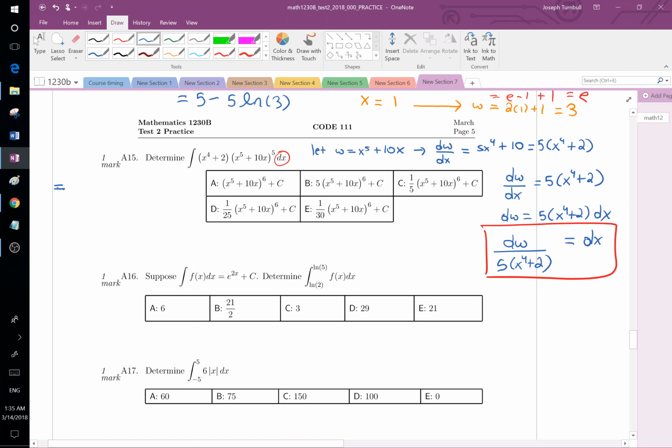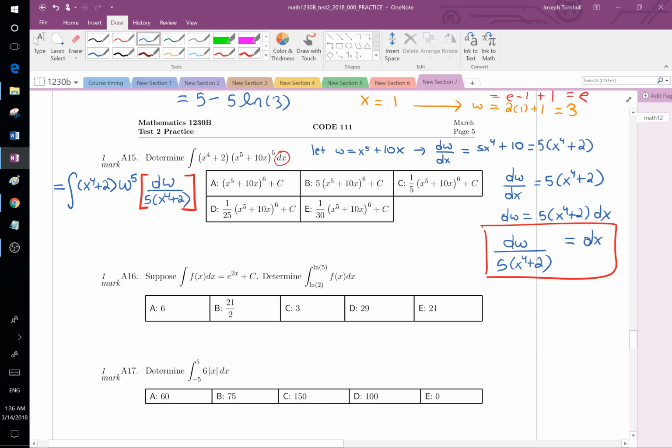So this converts into an integral of the first piece we did not touch. X to the 4 plus 2 was not part of our substitution. The second piece we did touch, we called all the stuff in the second bracket w. So this is w to the power 5. And then we need a dx to be replaced by what was just found off to the right: dw over 5 times x to the 4 plus 2.